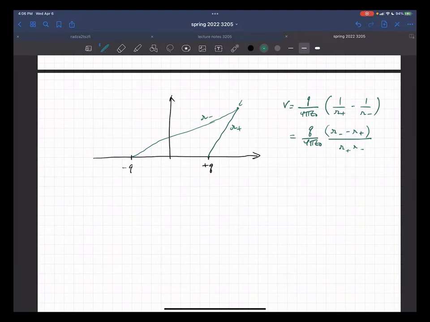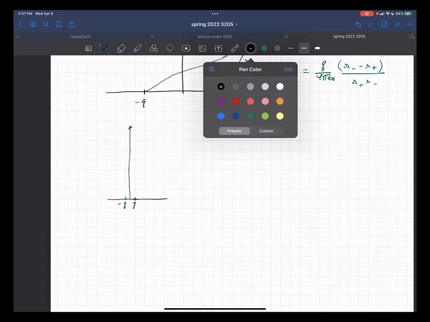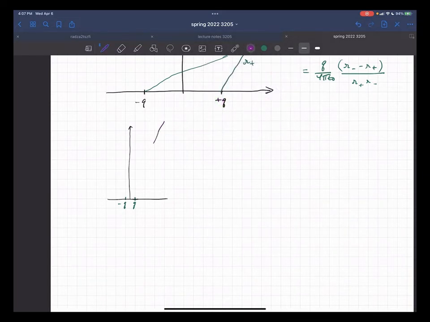Okay, now let's see if we can sort of simplify this. If you look at this from a distance, okay? So trying to simplify this equation a little bit as an approximation. So imagine if we were far, far away, so let's say the plus q looks like this, and the minus q looks like this, and we were out here looking at these two, so far away.